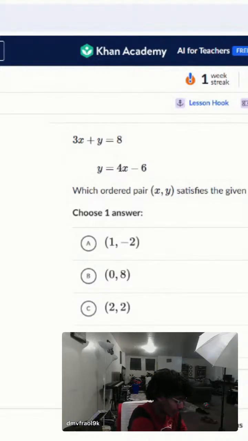I think we do 3 plus 4, which is 7x, right? Hold on, we do 3 plus 4, which gives you 7x.